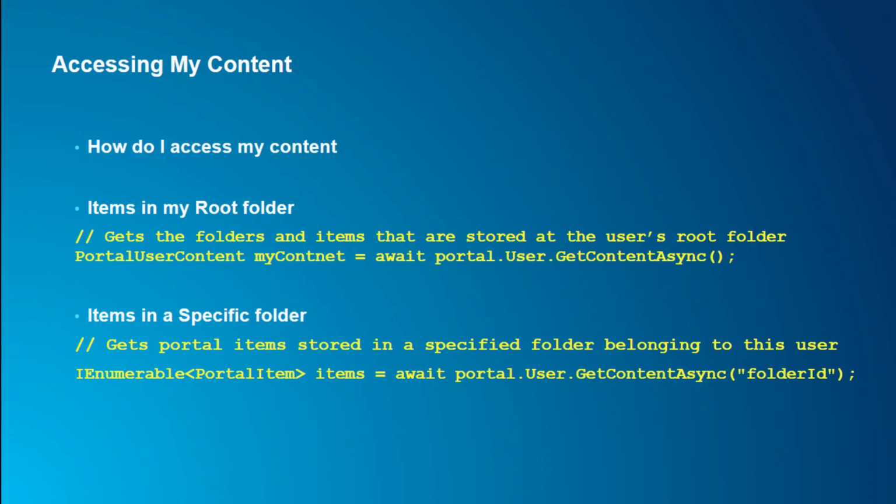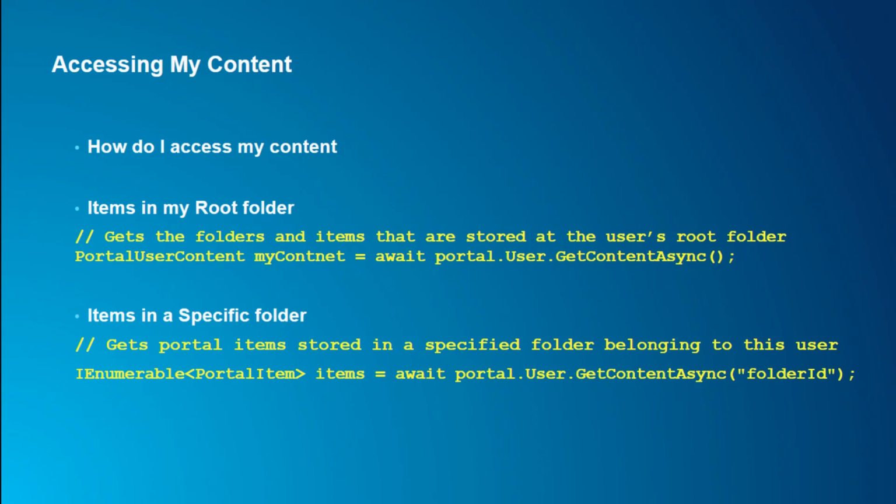And what that does is return a type of portal user content, and that returns everything which exists in that user's root folder, including folders and item types. So we get this my content variable, which is a portal user content, and has two collections, one of items and one of folders. Then we can interrogate those two collections and do with it what we like.